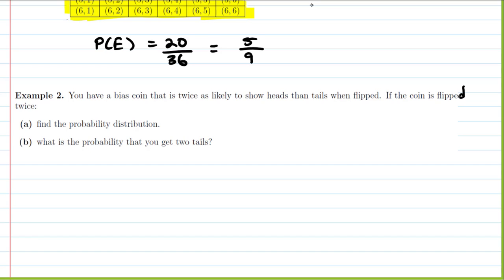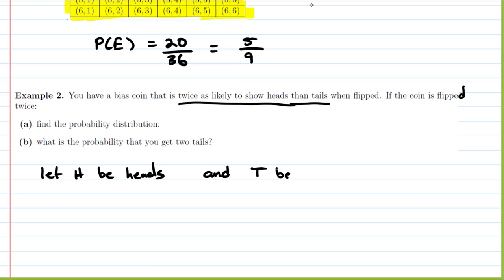So let's focus on this first part. You have a coin that is twice as likely to show heads than tails. So I'm going to let H be heads and T be tails. You could probably guess that. So then what do we know about H and T?